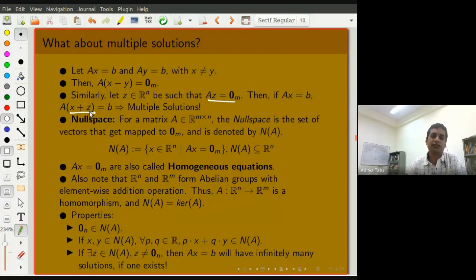So if there is one non-zero vector in the null space, there are infinitely many vectors in the null space, and therefore there are infinitely many solutions if one solution exists. Is that clear? Anybody who has issues with this?